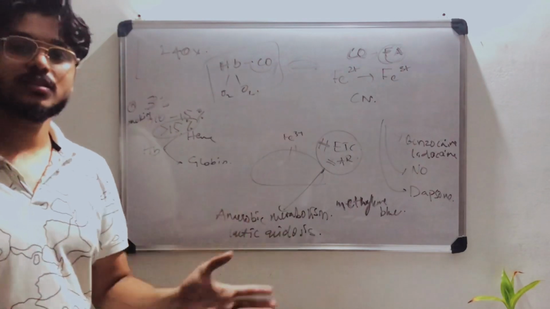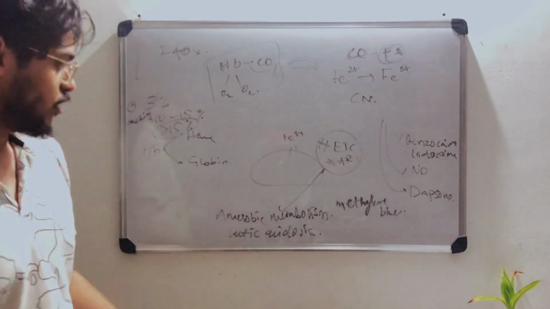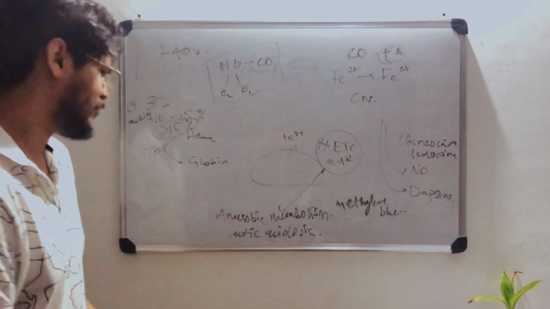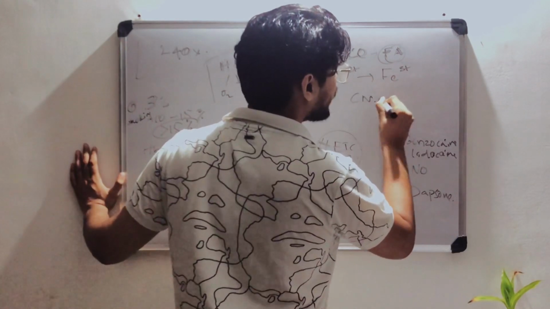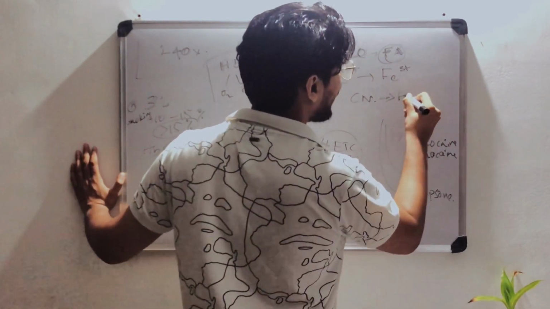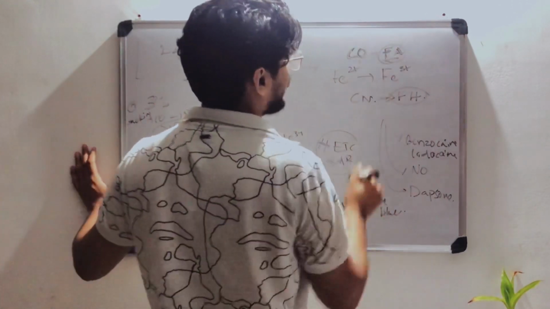No oxygen to the tissue, because that oxygen is not able to do its duty. So therefore it's just equal to no oxygen. That means it causes what? Functional hypoxia.